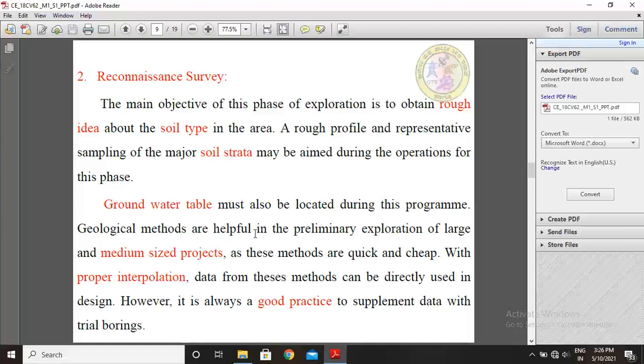Geological methods are helpful in the preliminary exploration of large and medium sized projects, as these methods are quick and cheap. With proper interpolation, data from these methods can be directly used in design. However, it is always good practice to supplement data with trial borings.